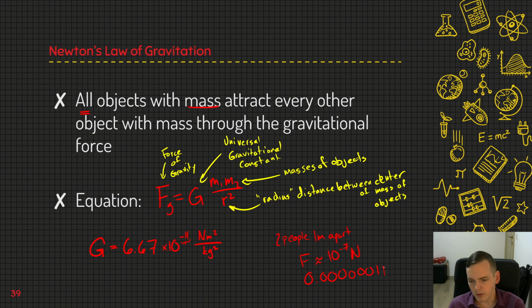Yeah, newtons. And just for reference, the weight of 100 grams is equal to 0.1 times 10. That's about a newton, if I'm doing that math right. So 1 newton is about how heavy it feels if you hold 100 grams in your hand.